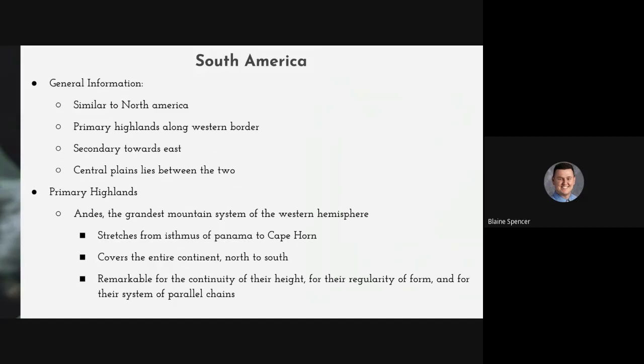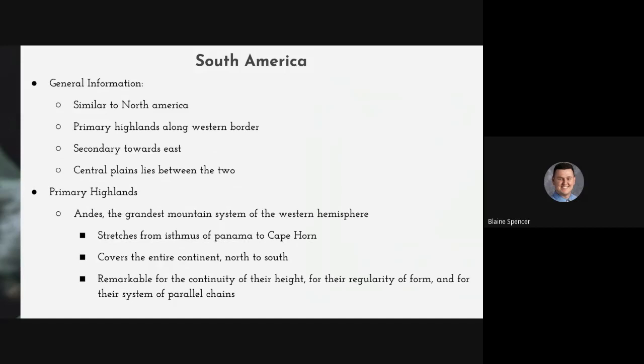All right, so when we look at first the primary highlands, these are on the western border. And when we talk about these, this is going to be the Andes. The Andes Mountains are going to be the grandest mountain system of the Western Hemisphere.